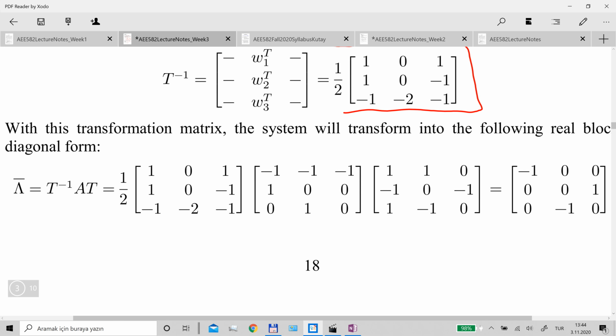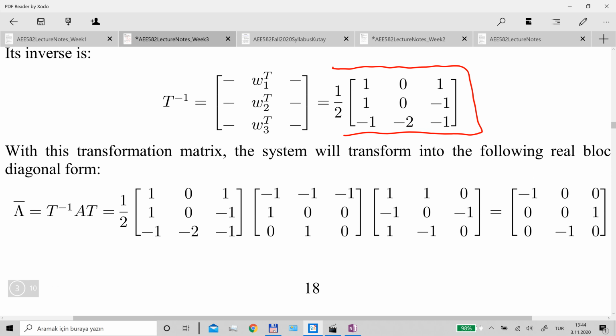And in the end, if you use these matrices in the similarity transformation, the resulting matrix will be in this block diagonal form. The first term is already a real eigenvalue. This was our first eigenvalue, and the second block on the diagonal is a 2 by 2 matrix that has eigenvalues plus minus j.